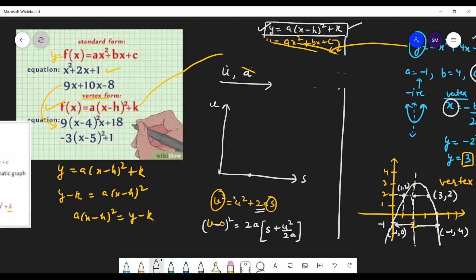It might start from here if you are starting from origin, or suppose you are starting from x naught. So from here or here, what will you get?